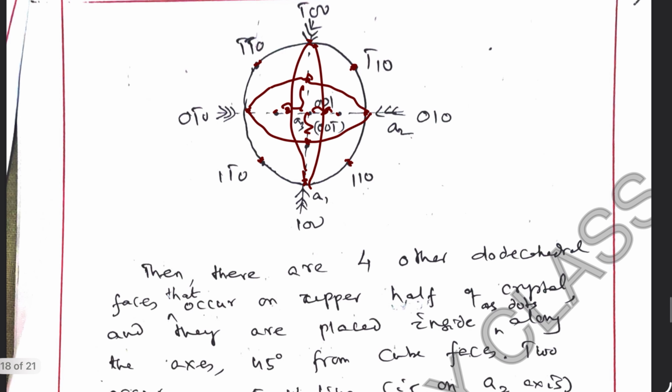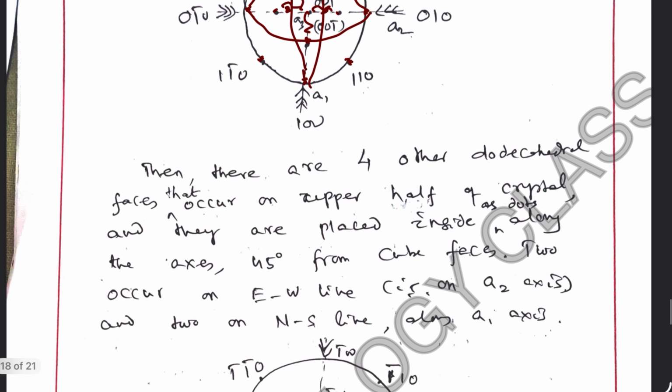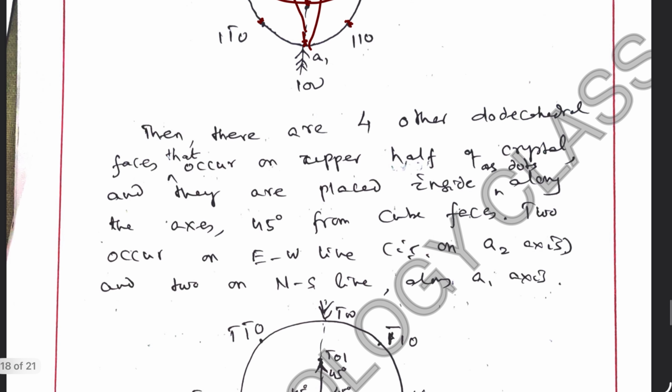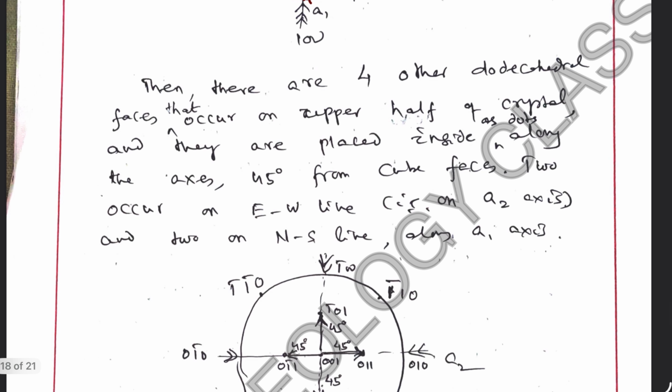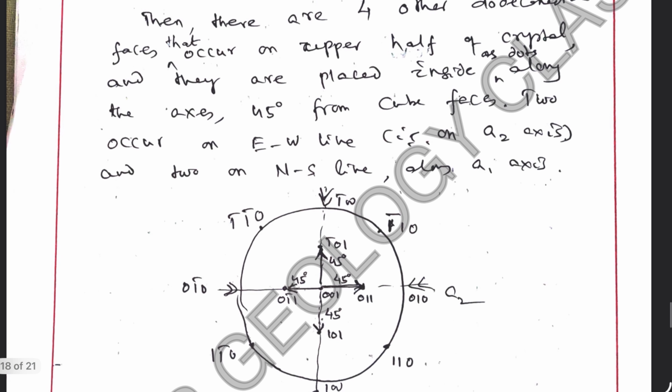The lower 4 rhomb dodecahedral faces are superimposed over the upper 4 rhomb dodecahedral faces. So here we can say they are located here, they are located here, they are located here. So this is solid. Open dot is the face occurring at the lower hemisphere.